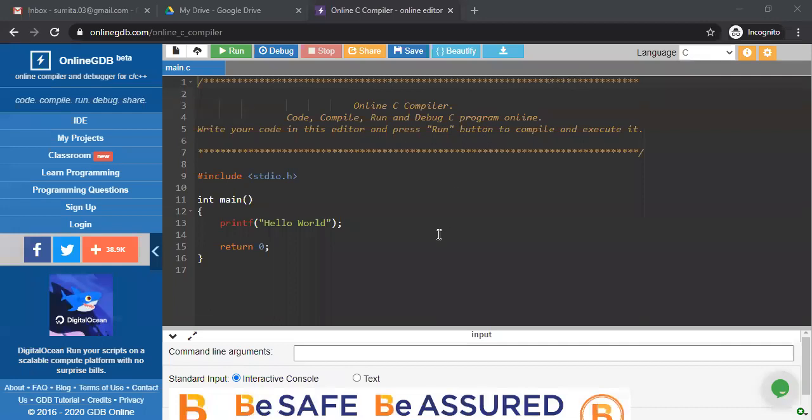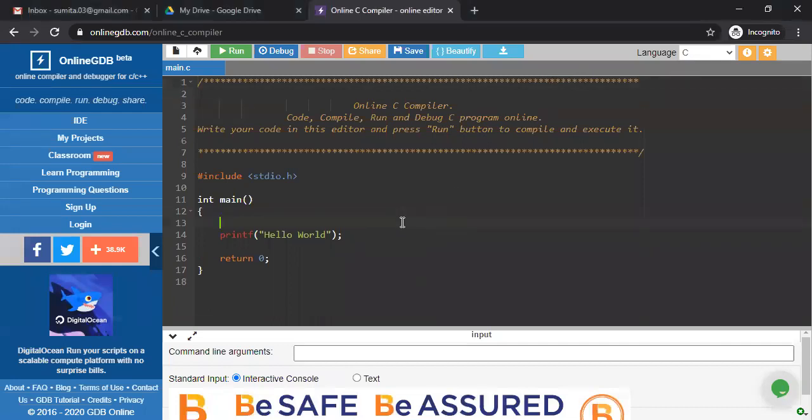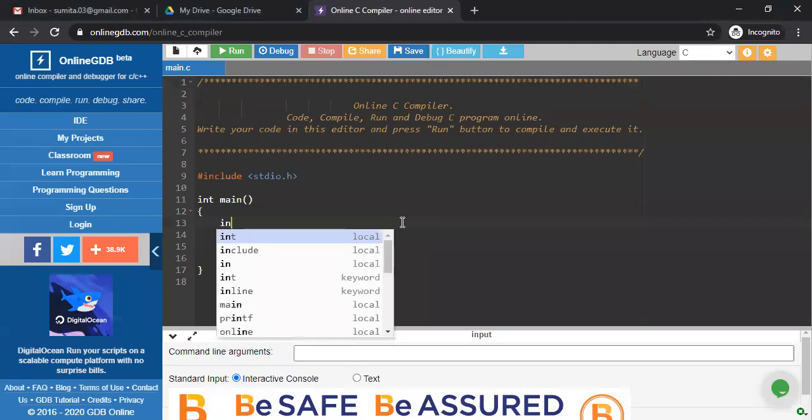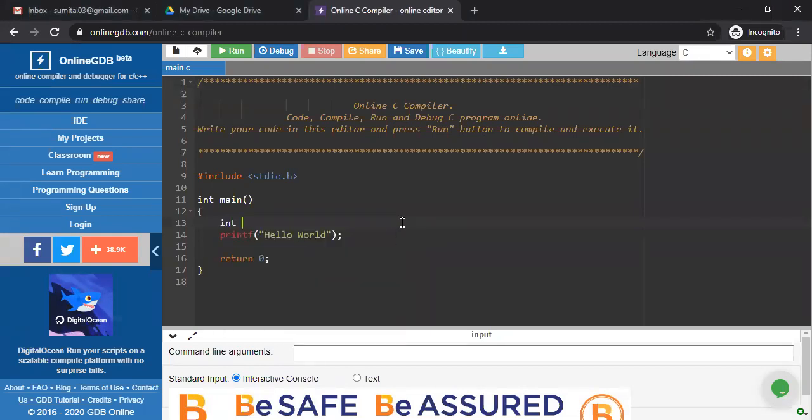Okay, so similar to the one before, we first take a one dimensional array. Suppose I am taking ARR, and we need n, because that is how many elements you have.